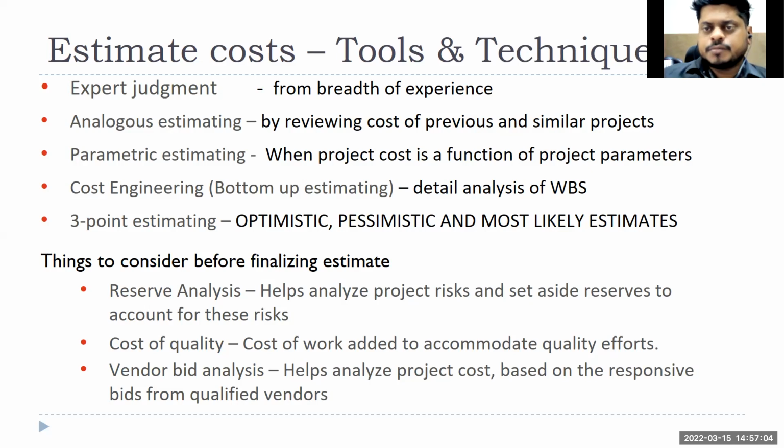Cost engineering, which is much more preferable, much more accurate, but the problem is it will take a lot of time. If I have 100 or 200 tasks, going to each stakeholder, finding out for each task how much it will cost, then adding them up, right? It is not a single day's work, it will take a few weeks.